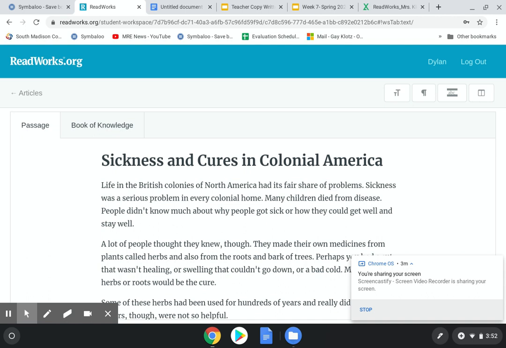Doctors did not really exist back then because they really were not being educated to be doctors. So anyone who claimed to be a doctor really hadn't had much schooling, if any at all. And so they would come up with these crazy concoctions to give you if you were sick. So that is really the whole idea of the article.